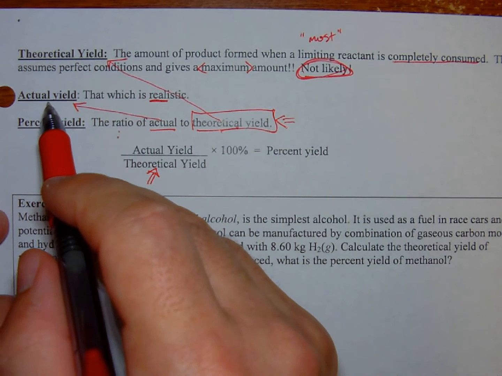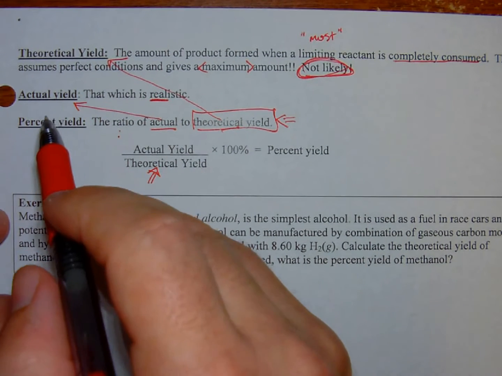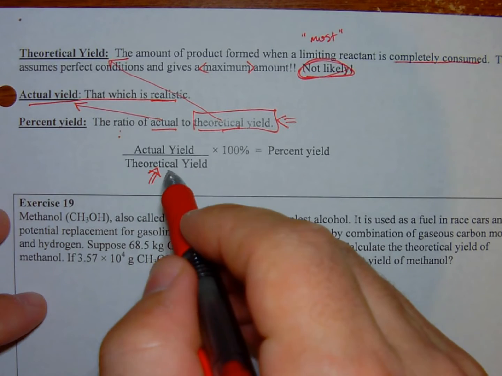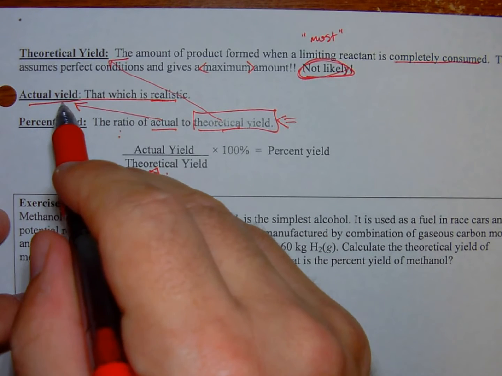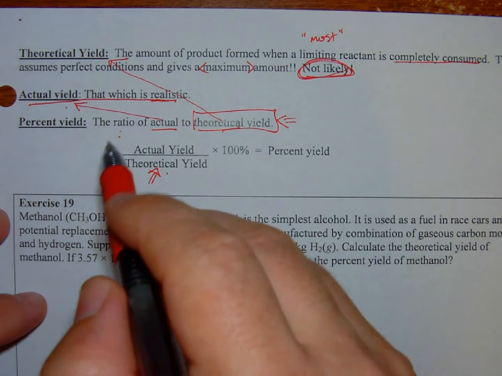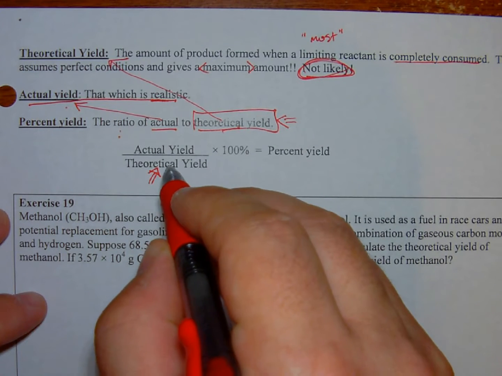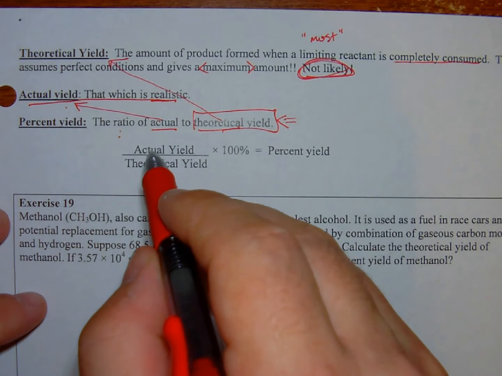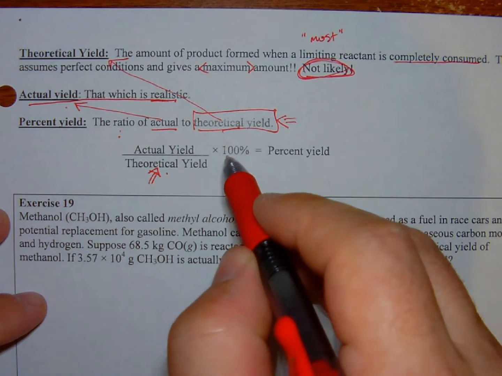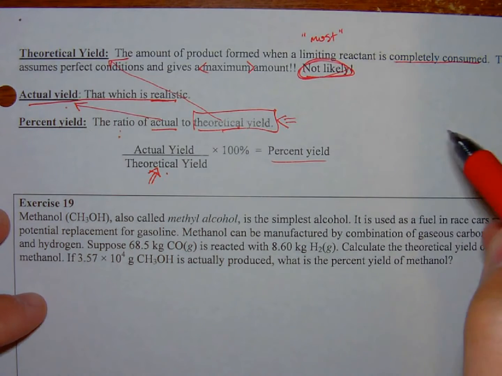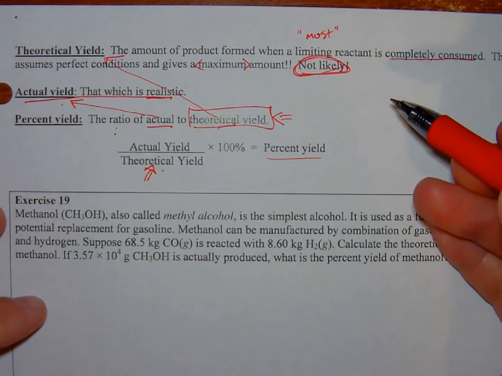The question will say, hey, you didn't get that much, you got this much. The next part of the problem will tell you the actual amount, and so you just have to plug what you already got into the denominator, plug what the question gives you into the numerator, multiply by 100%, you got yourself percent yield, and you have yourself another point.